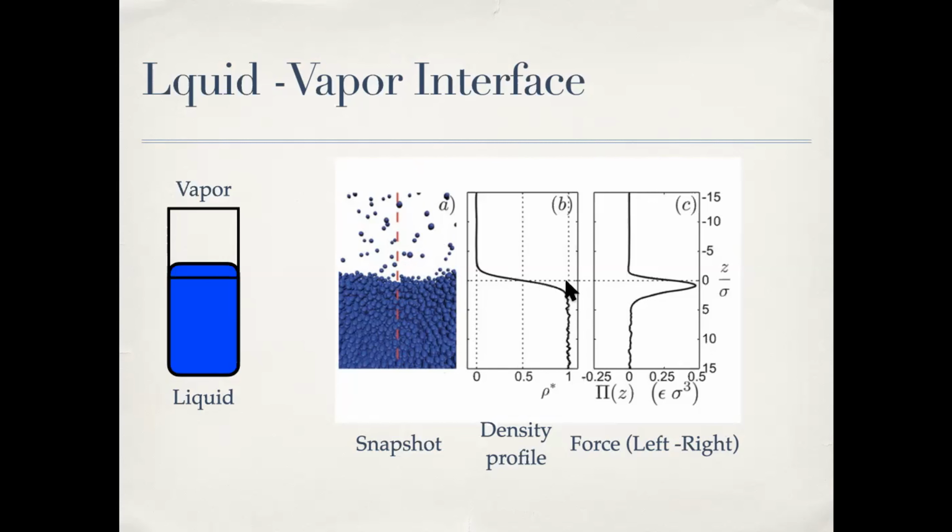But it doesn't drop very sharply. And if we go far away from the surface up, it will again be equal to 0. So the density profile in the liquid close to the surface is given by such a function. And there is a certain width here, and that width is important.